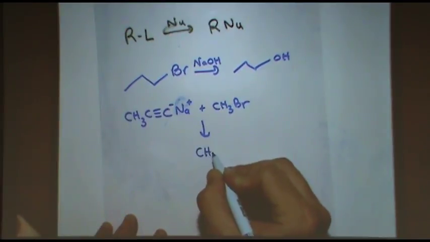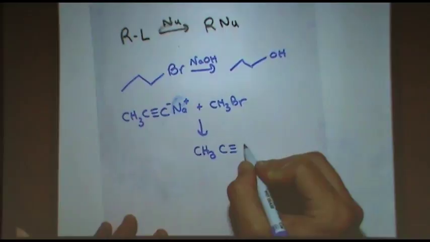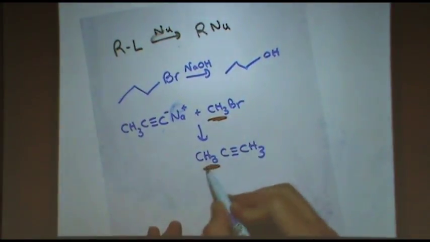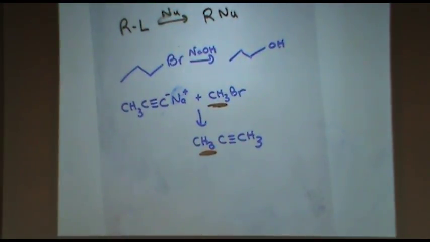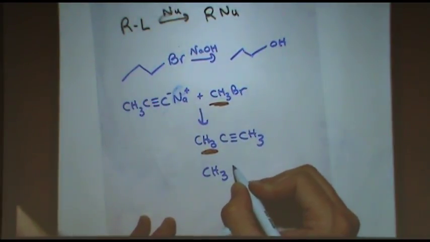So the original part is this, and then you could write the CH3 like that, or you could write it the opposite way if you prefer, though it would look identical.